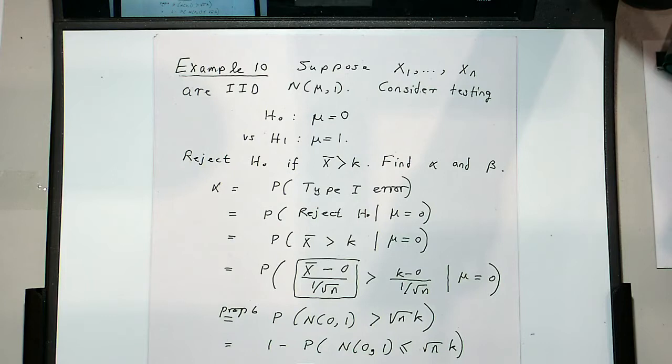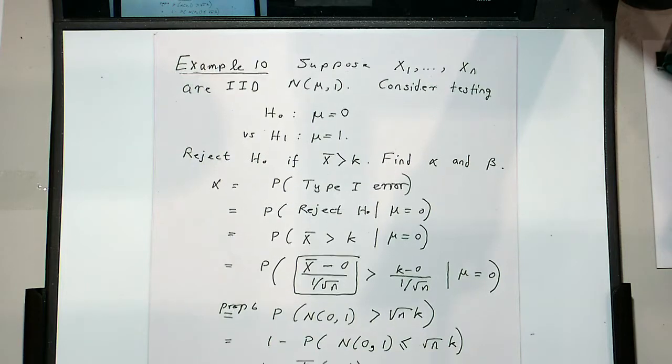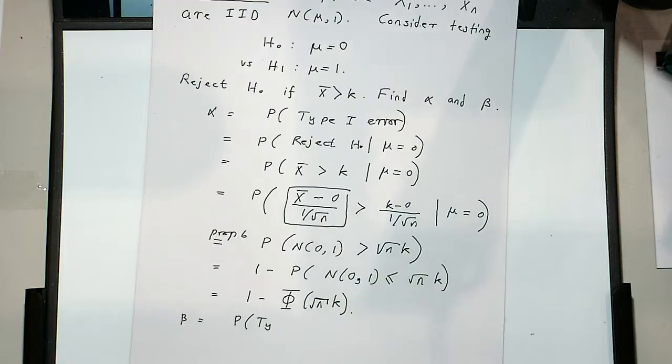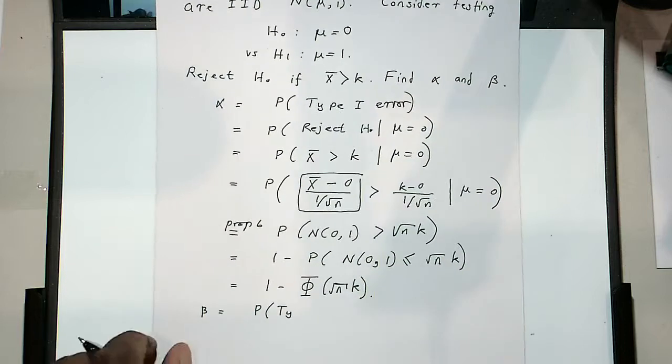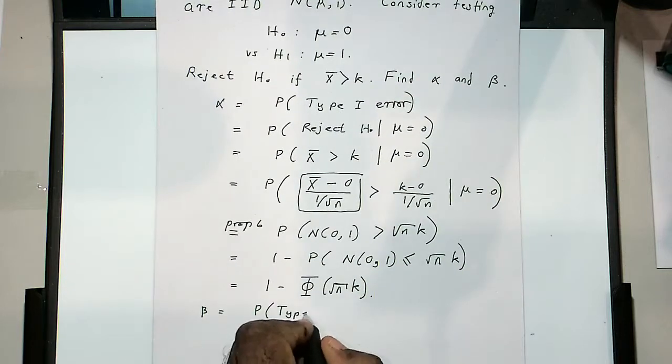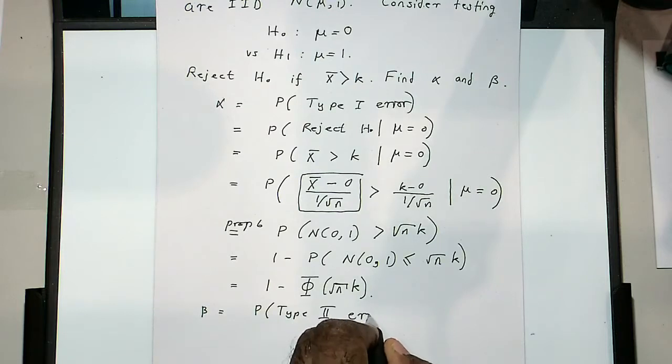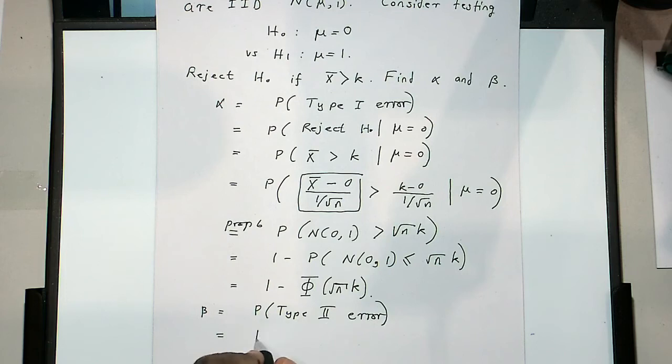Right. Beta is the probability of type 2 error, which is defined, as you know from the review session last week.